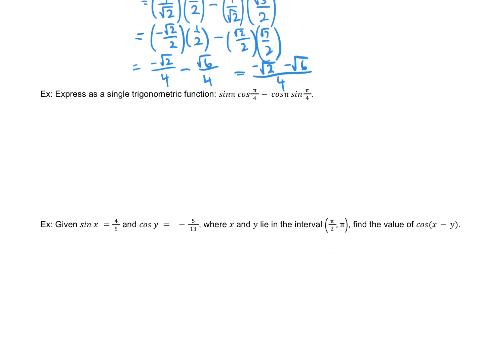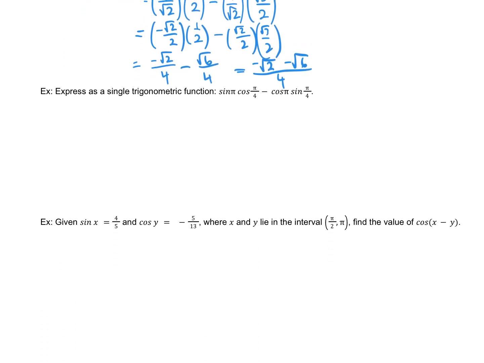Let's go in the opposite direction. What if we're given an expanded trigonometric function and we want to simplify it for ourselves? So when I look at this, sine pi cos pi over 4 minus cos pi sine pi over 4, I know that this is the sine compound angle formula for two angles being subtracted.